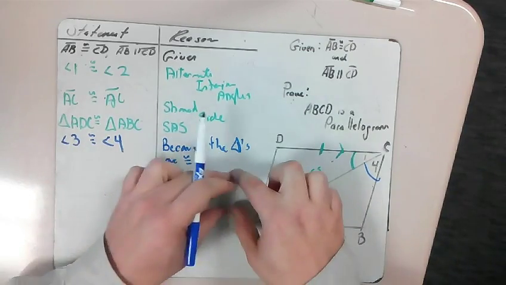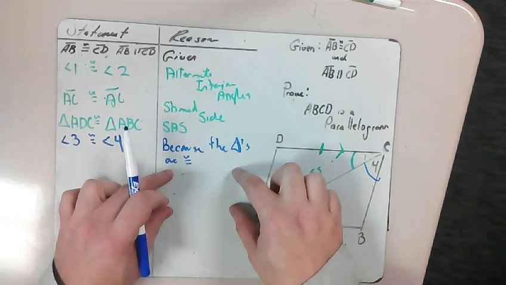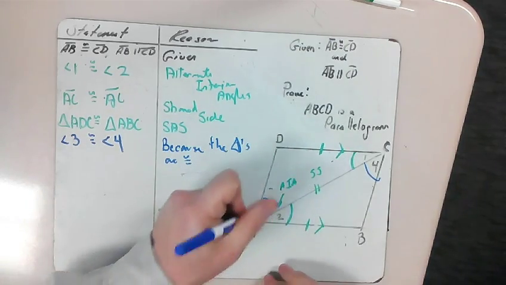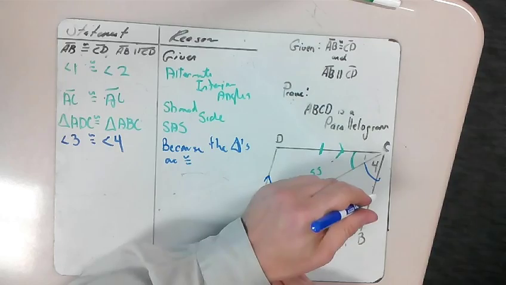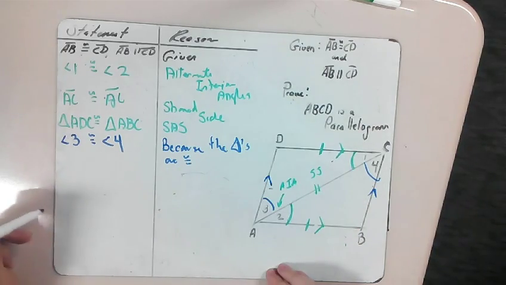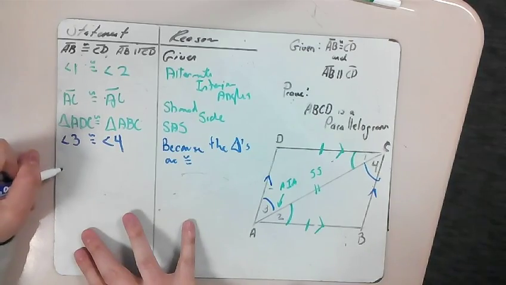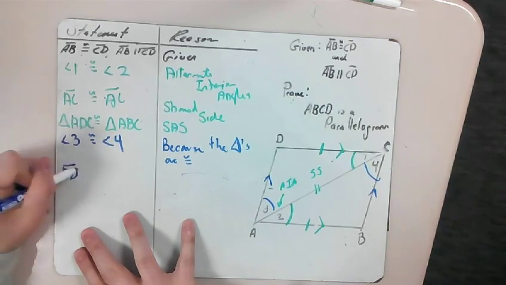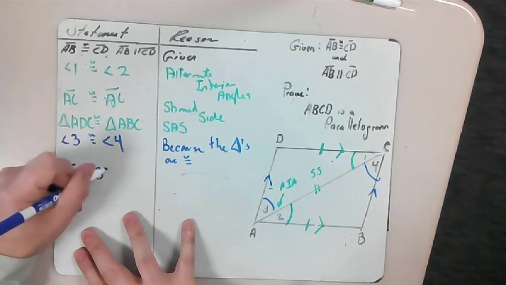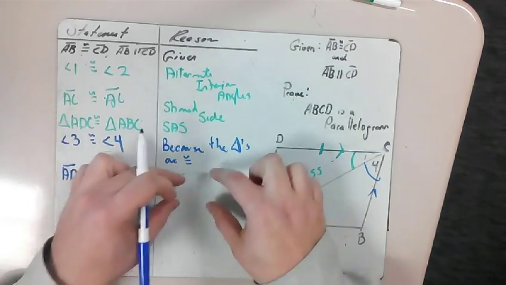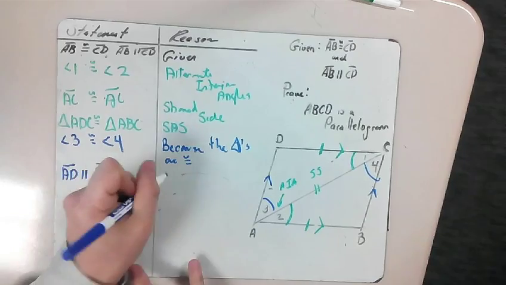Now, you're going to have this line here that says inverse of alternate interior angles. Basically what that's saying is that AD and BC are parallel. I'm going to say now that AD is parallel to BC, and I'm saying that because of that. That's what the inverse of alternate interior angles means.